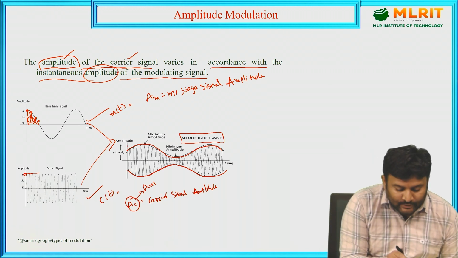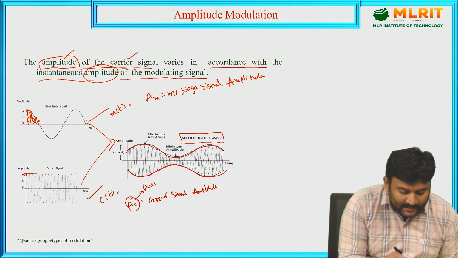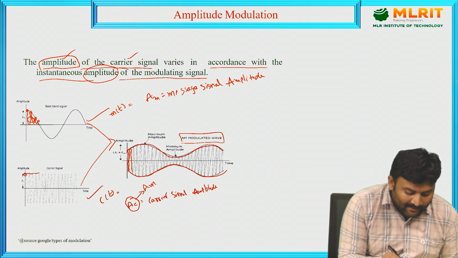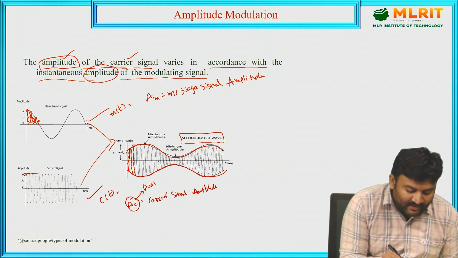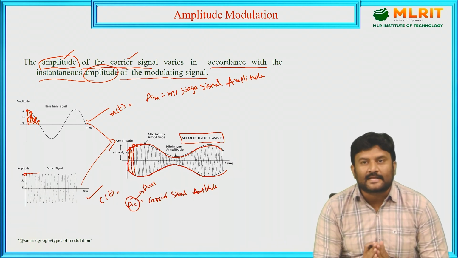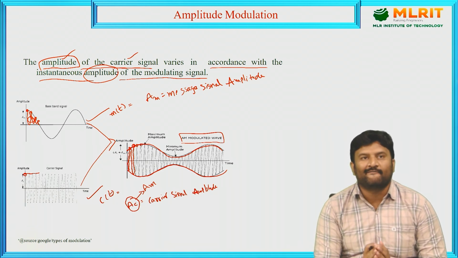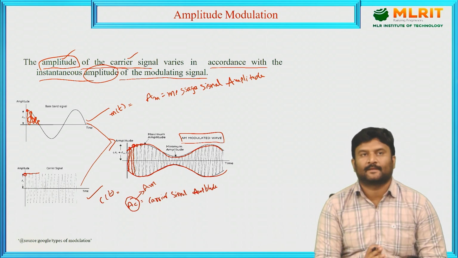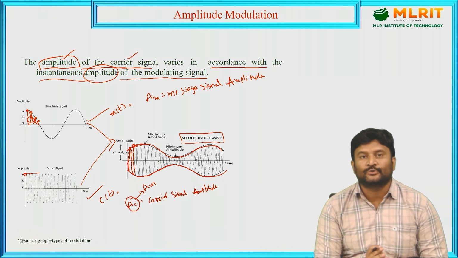Its amplitude is Am, and as per the definition, the carrier amplitude varies in accordance with the amplitude of the message signal. That's why the amplitude of the carrier signal varies in accordance with the instantaneous amplitude of the modulating signal. This is called amplitude modulation.